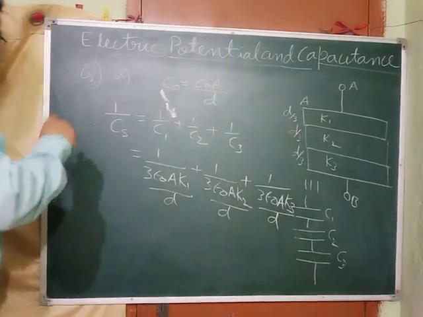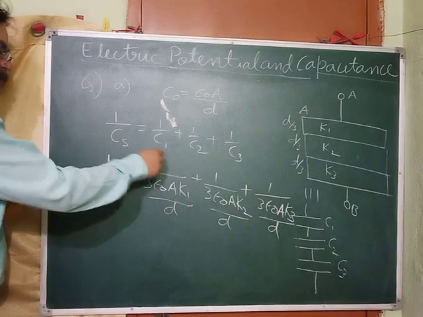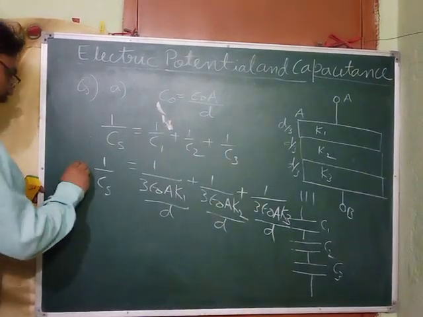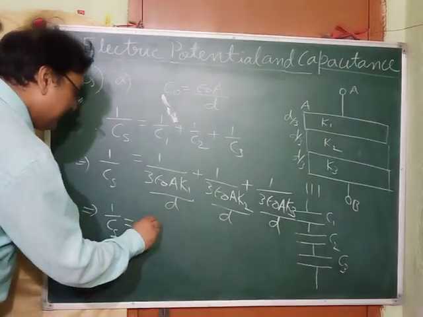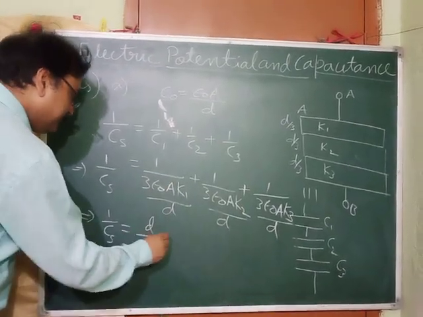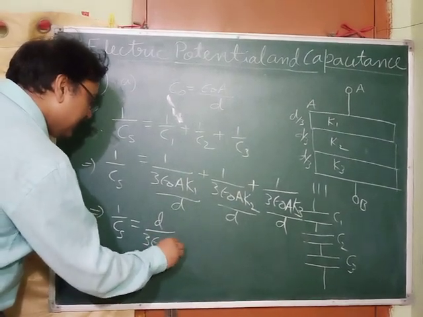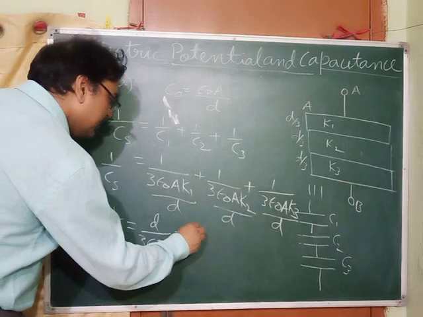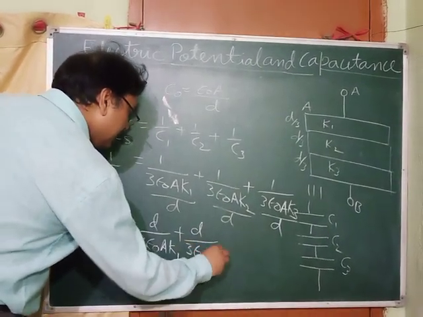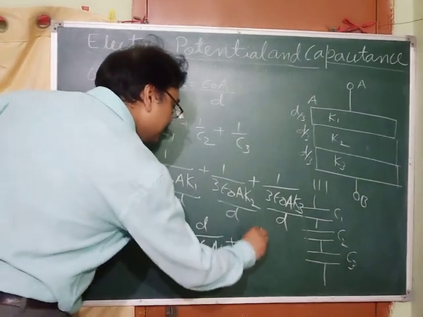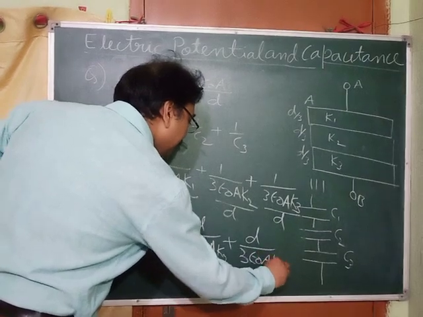Okay. Now what will happen? See, 1 by something means the reciprocal of this. So what can we write in the next step? 1 by Cs is equal to d by 3 epsilon naught A K1 plus d by 3 epsilon naught A K2 plus d by 3 epsilon naught A K3.